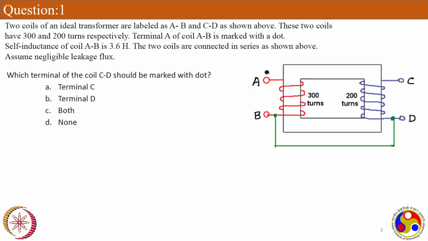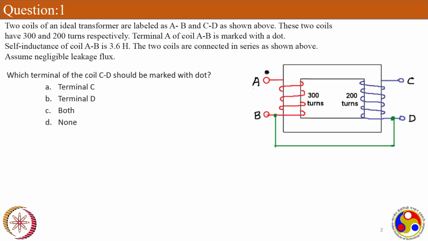Two coils of an ideal transformer were given. We can see those coils AB and CD. The turns ratio is also given: 300 turns in coil 1, AB, and 200 turns in coil CD. Now the terminal of coil AB is marked with a dot, and the self-inductance of the same coil is also given, 3.6 Henry.